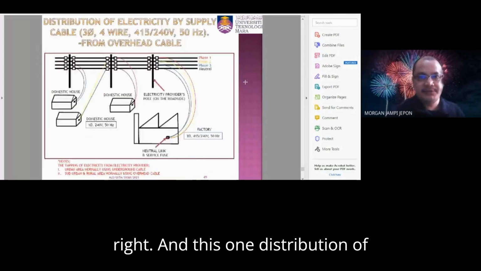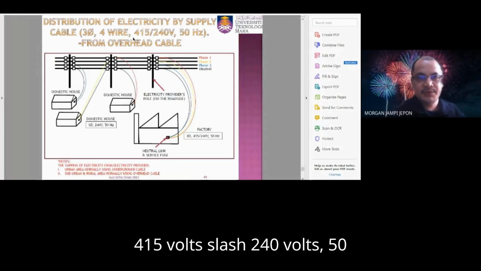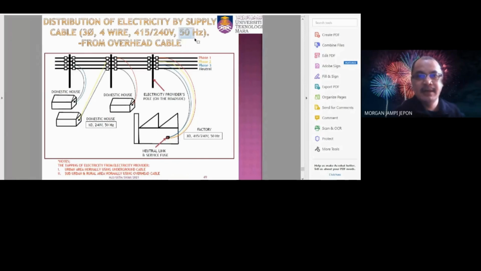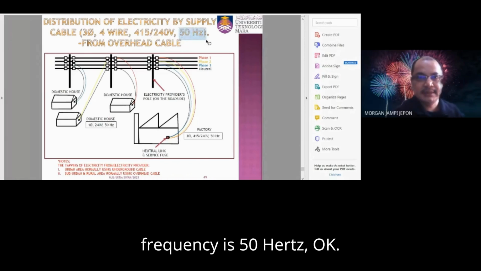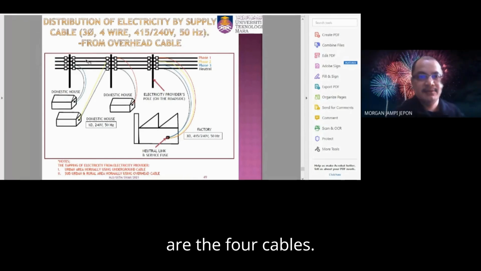And this one, distribution of electricity by supply cable, is 3-phase, 4-wire, 415 volt / 240 volt, 50 hertz. Remember, our value of frequency is 50 hertz. From the overhead cable by the roadside, there are 4 cables.